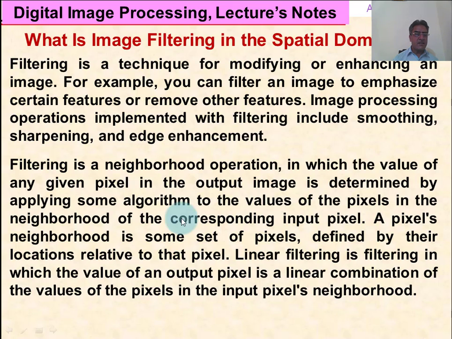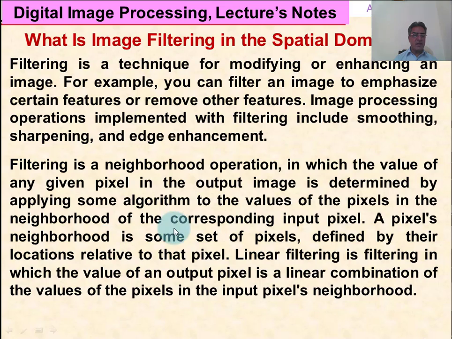A pixel's neighborhood is some set of pixels. What is a pixel's neighborhood? If it is a 3x3 mask, then there will be 8 neighbors surrounding the middle or central pixel.